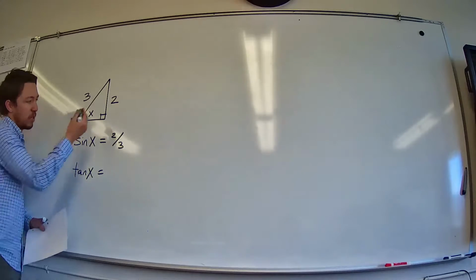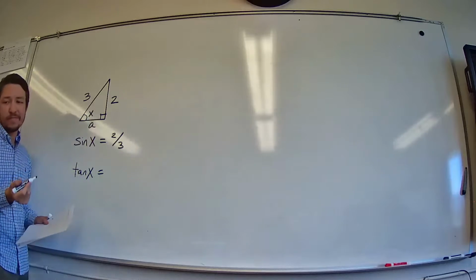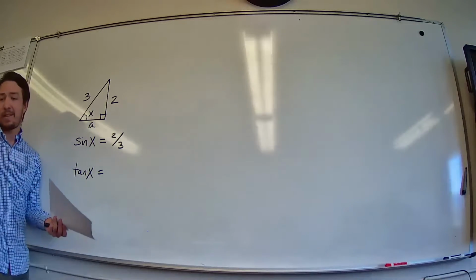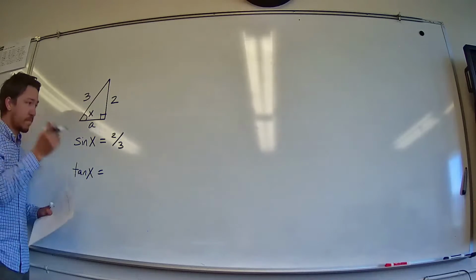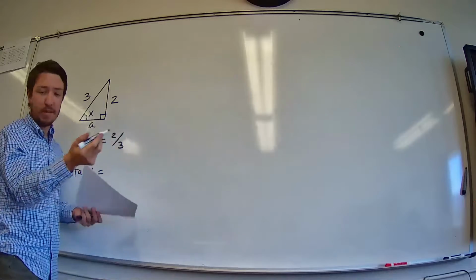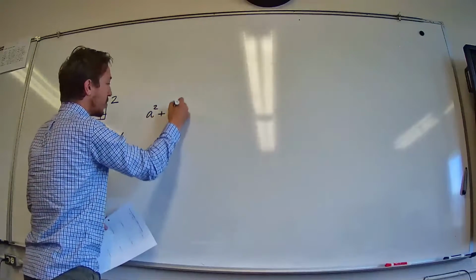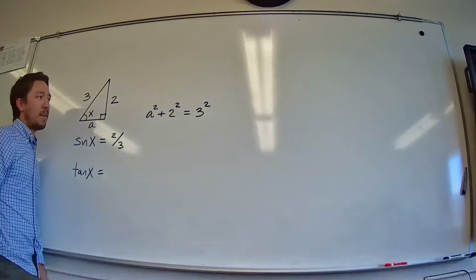The adjacent. So I need to figure out how big this is. I'm going to call it A. Call it any symbol you want, really. Just don't use X. X is already taken. Pythagorean theorem, right? So A squared plus 2 squared equals 3 squared.